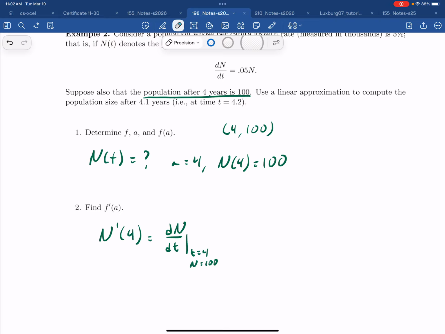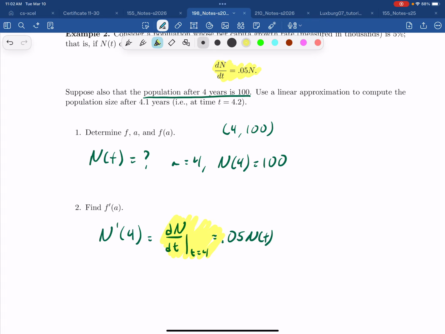This is going to equal 0.05 times n, which is the same as n of 4, sorry, I said n of t, I meant n of 4.